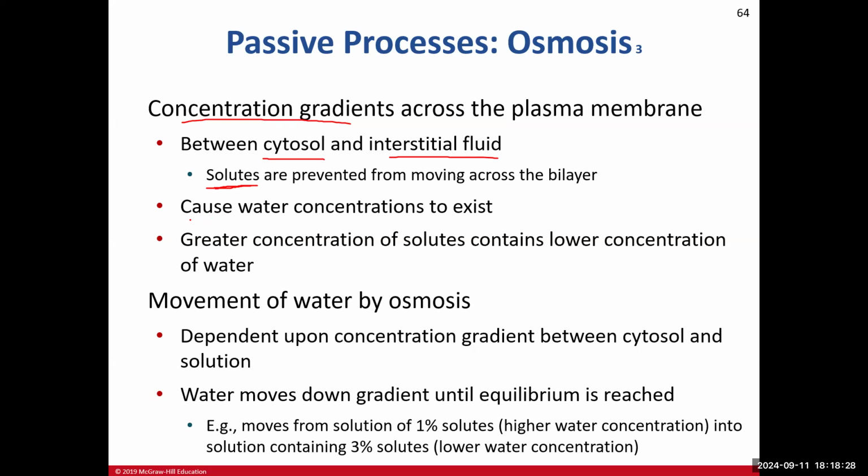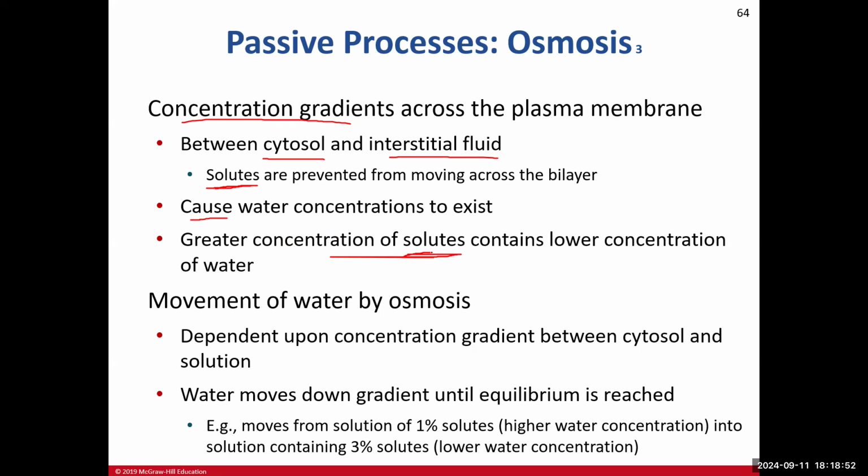So we're going to discuss what causes that water concentration gradient to exist, and then what happens to the solutes. Because when it comes to osmosis, solute concentration will play a role in what happens with the movement of water. I'll touch on that in a little bit.